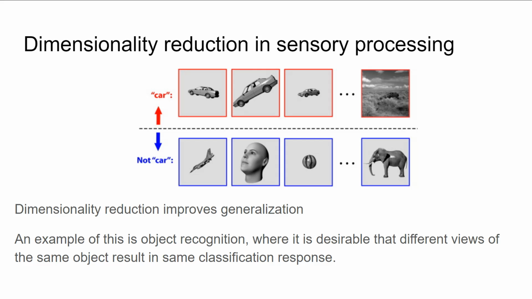So if we're doing sensory processing, and the only thing we care about is whether it's a car, right before we determine that, we should have high dimensionality, but once we're actually determining it, now we have low dimensionality. And once we're in the low dimensionality place, we have better generalization, because now we just have the neuron telling us exactly what we want to know. We want to know if it's a car, and we have a single neuron that tells us it's a car or not.